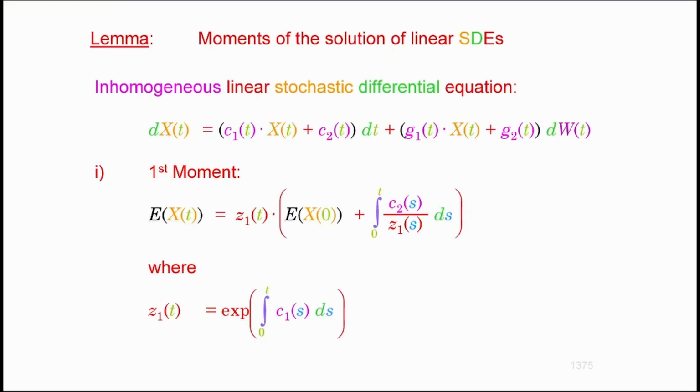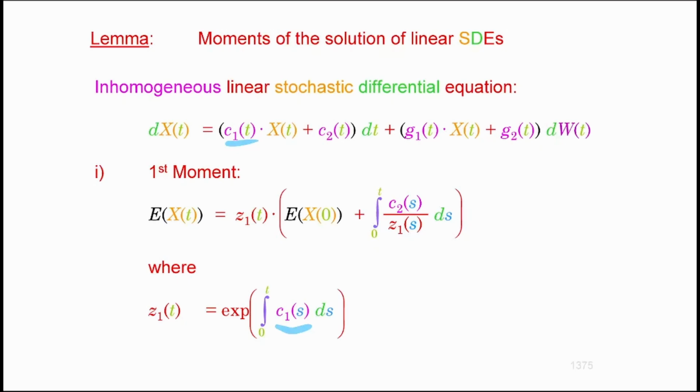You have the multiplicative function that you integrate from 0 to t as an exponent, and that's pretty much it. So that's not that bad.